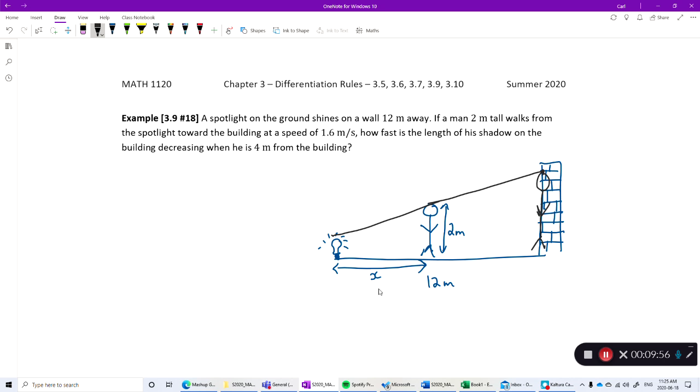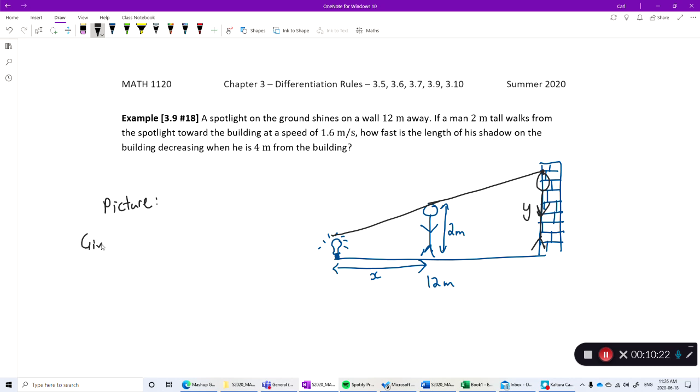When he actually gets to the wall, the shadow will be the same height as him. So let's call that y, because that's a vertical length. Okay, so there's our picture, and it seems to be adequate. One thing we're going to need to know, we'll get there in a second.